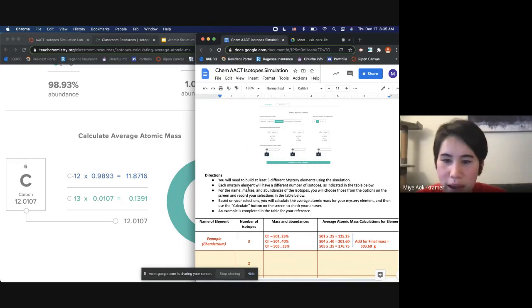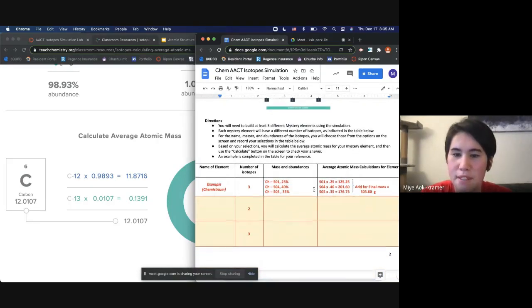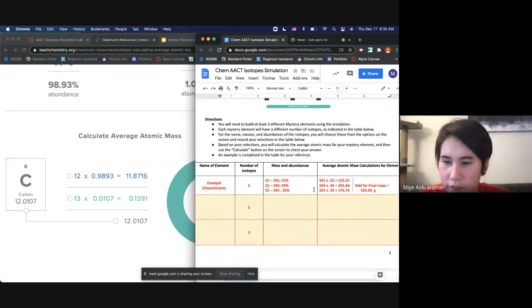For the name, masses, and abundances of the isotopes, you will choose those from the options on the screen and record your selections in the table below. Based on your selections, you will calculate the average atomic mass for your mystery element and then use the Calculate button on the screen to check your answer. An example is completed on the table for your reference.